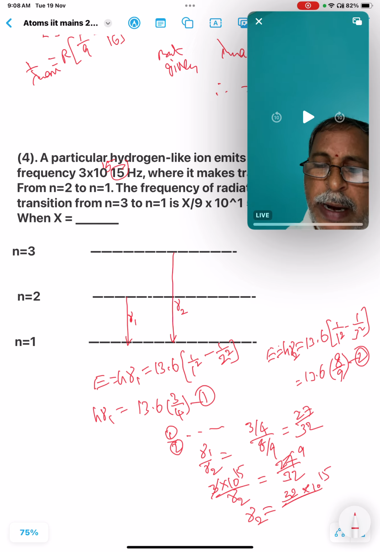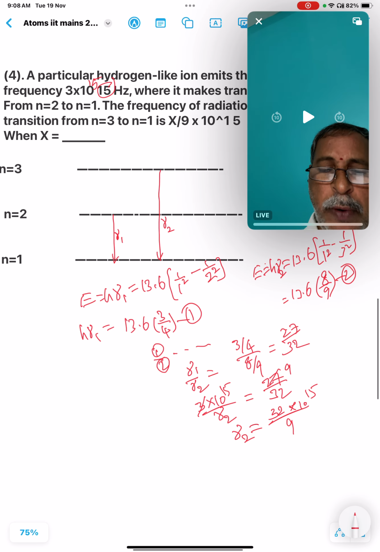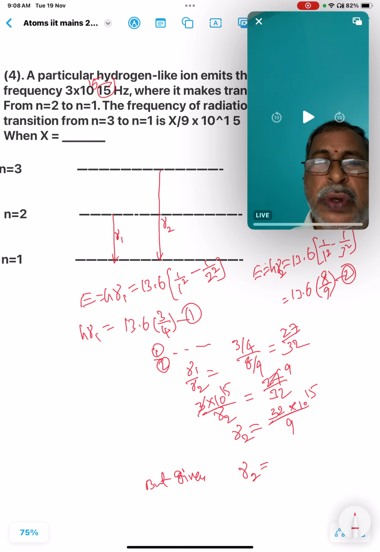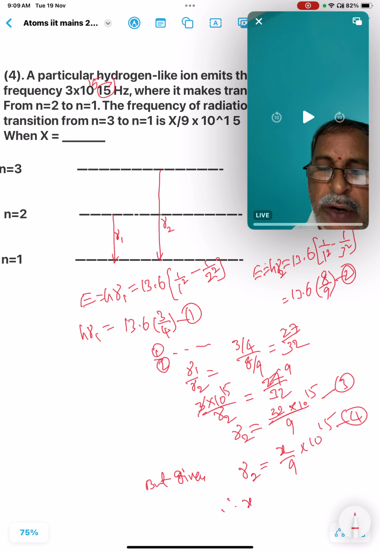But given in the problem, nu 2 is equal to x by 9 into 10 to the power of 15. By observing the third and fourth, instead of x, 32 is there. So this is the answer, my dear students.